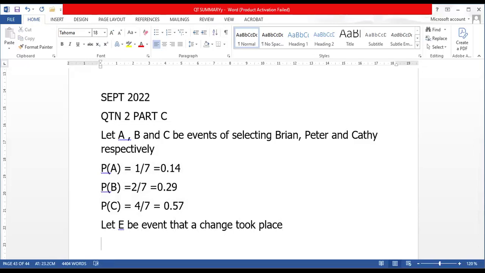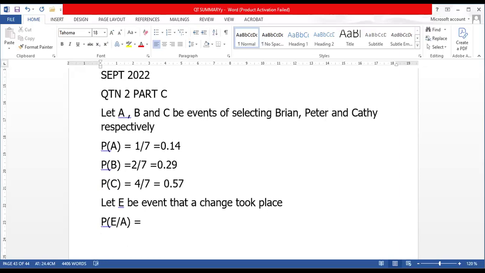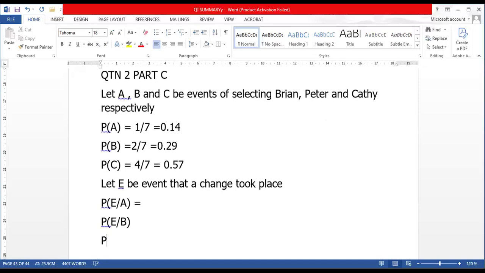Now, what we are given is the probability that the change took place, given that it was as a result of appointing A. Also, we have the probability of E, given that it was as a result of appointing B. Then also the probability that the change took place, given that it was as a result of C. You have these probabilities.